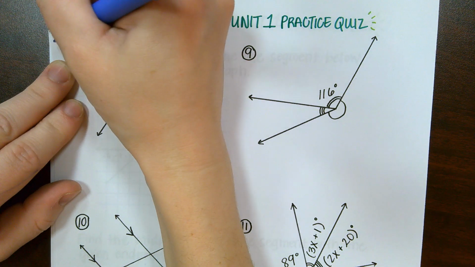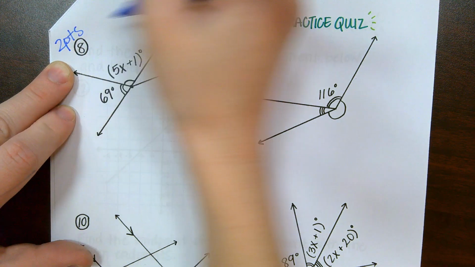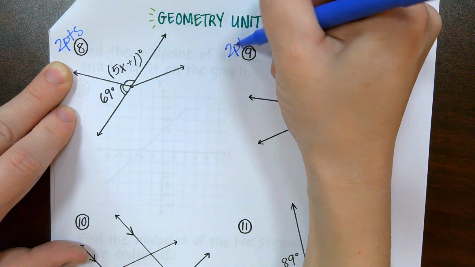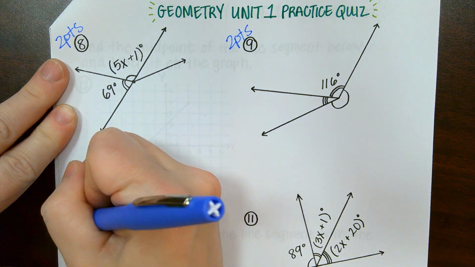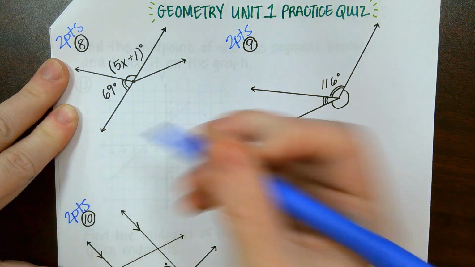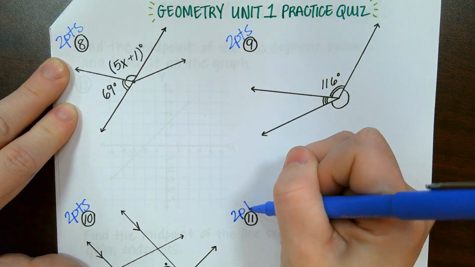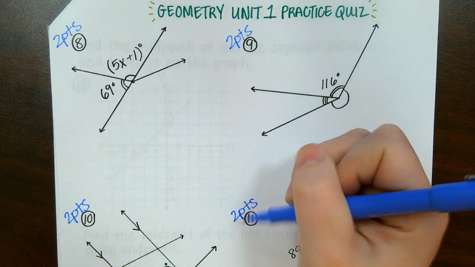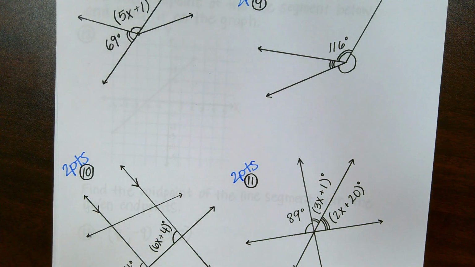They're also going to be worth 2 points apiece. And those points are going to come from the same things as the last page. You'll get 1 point for the correct equation. You'll get a second point for finding the correct value for x.